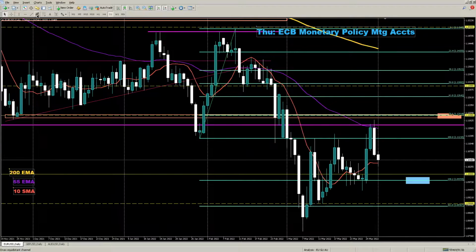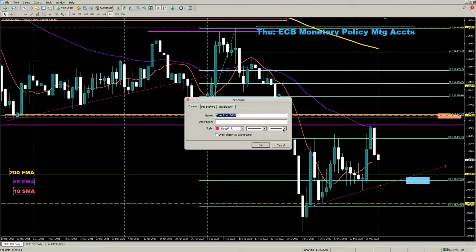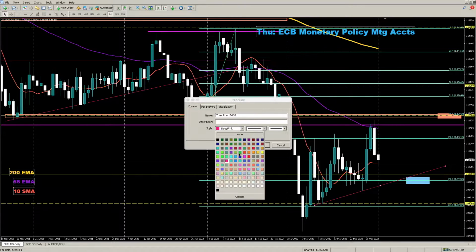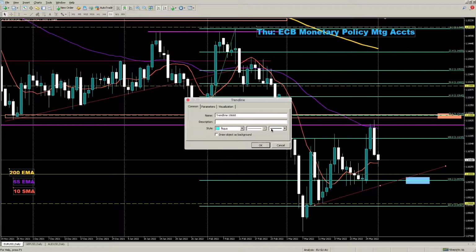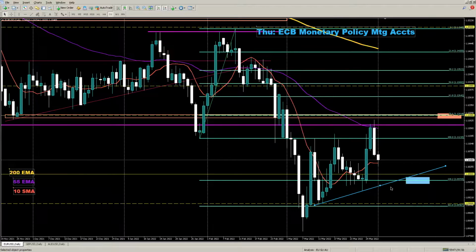It's not quite exactly in a channel, but we have this support rising trend line. Let's make it a bit bigger here, and another one on top.